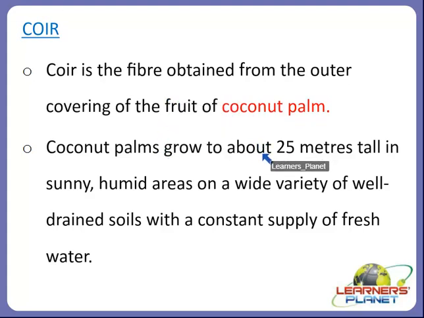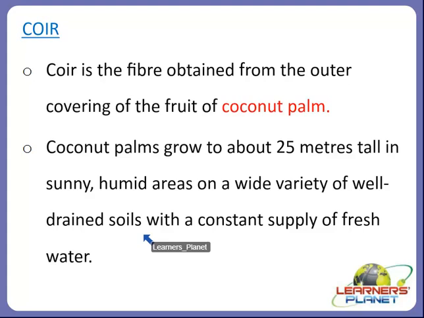Coconut palms grow to about 25 meters tall in sunny, humid areas on a wide variety of well-drained soils where there is a constant supply of fresh water. So basically we can say that coir is the fiber which is obtained from the outer layer of coconuts, which is produced in a great many tropical countries.